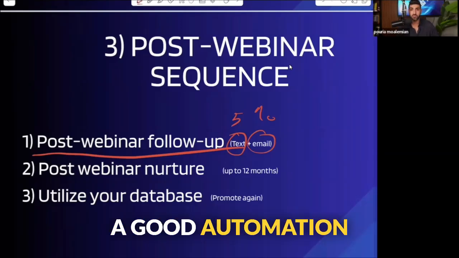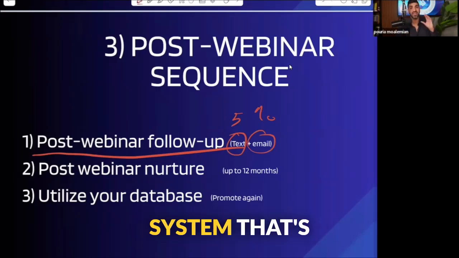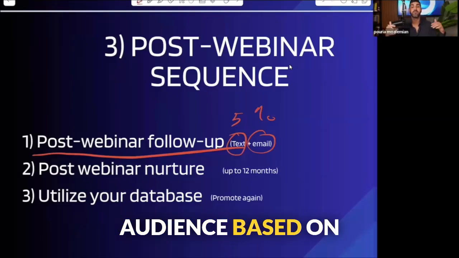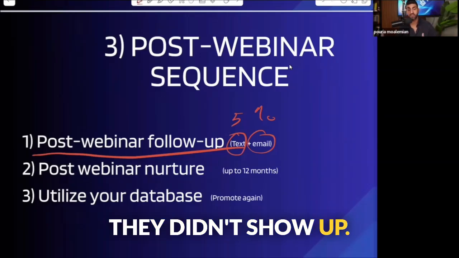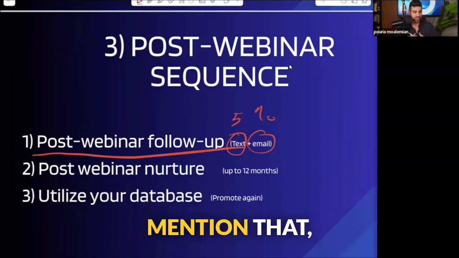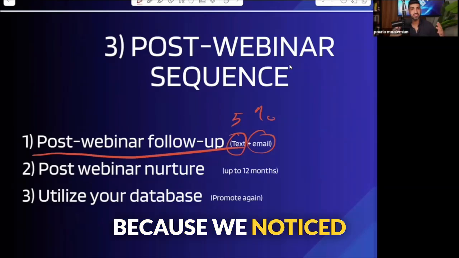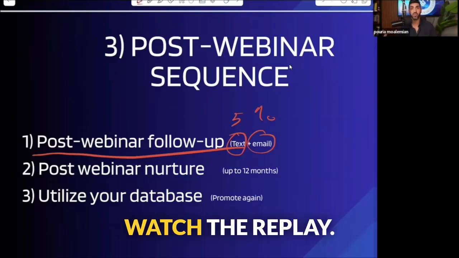A good automation is one like we use in our system, which separates and segments your audience based on their behavior, whether they showed up or didn't. For example, we say go ahead and book a call because we noticed you missed the presentation, and here is the replay, go ahead and watch it.